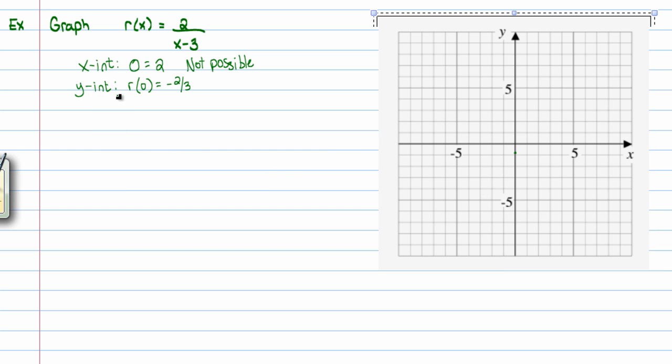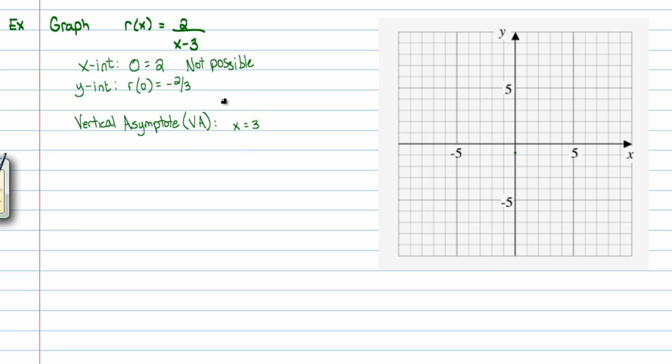So now that I've gone through and done that, I'm going to go ahead and find the vertical asymptote. And from this point forward, when I do the vertical asymptotes, I will just shorthand the language for vertical asymptote as VA. But the vertical asymptote will occur at x equals 3. That's because, well, if x is equal to 3, I'm dividing by 0.